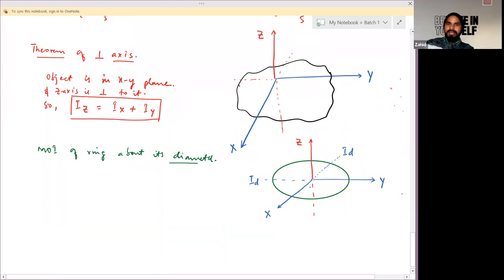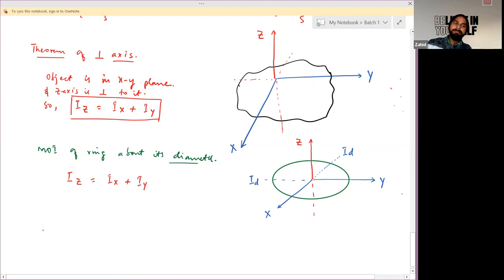So how can we apply the perpendicular axis theorem using these three different axes? First, try to define along which plane the body is lying. In this case, the ring is lying along the xy plane, which means the z-axis is perpendicular to it. So according to the perpendicular axis theorem, Iz will be equal to Ix plus Iy.